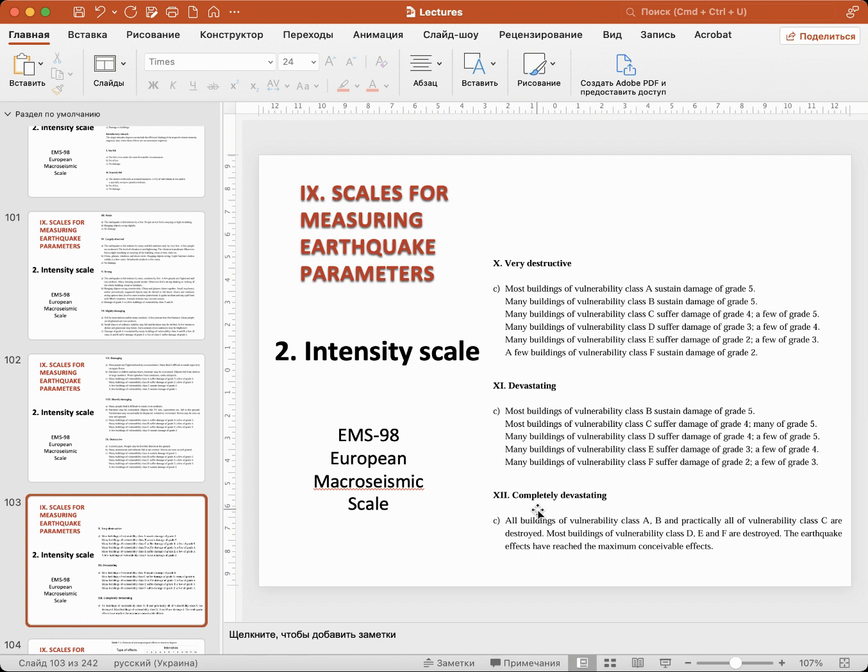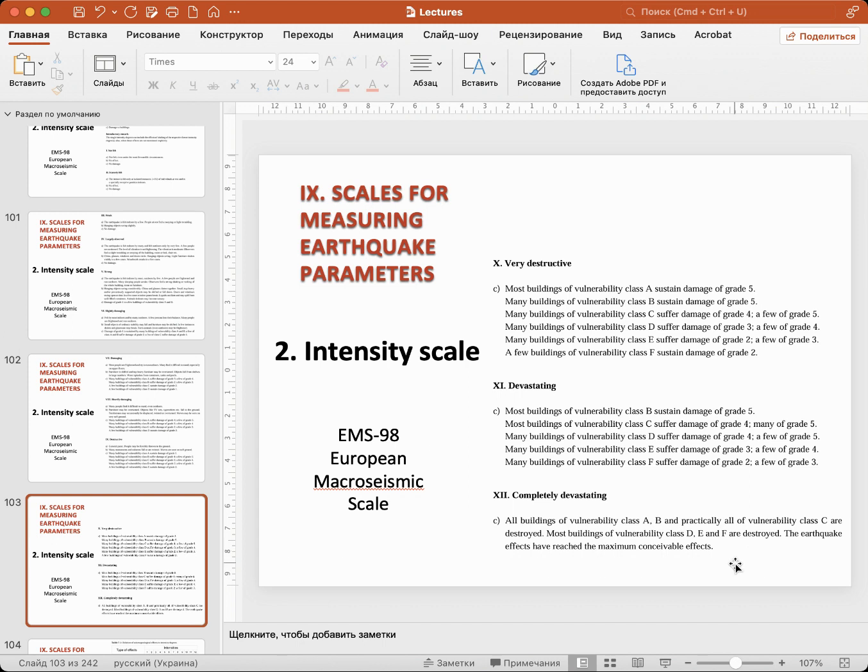For example, intensity 12 is a completely devastating earthquake which gives the following consequences. All buildings with vulnerability class A, B, and practically all of vulnerability class C are destroyed. Most buildings of vulnerability class D and E are destroyed.